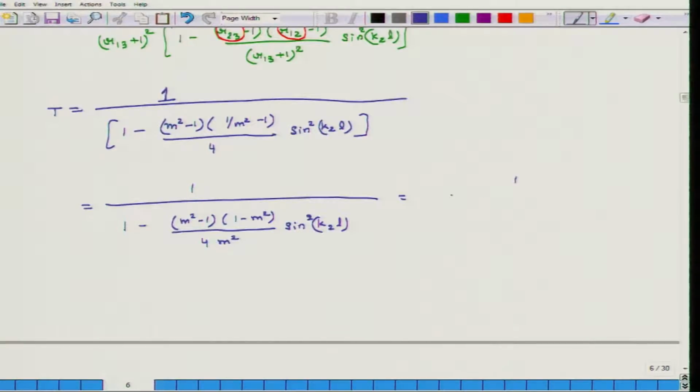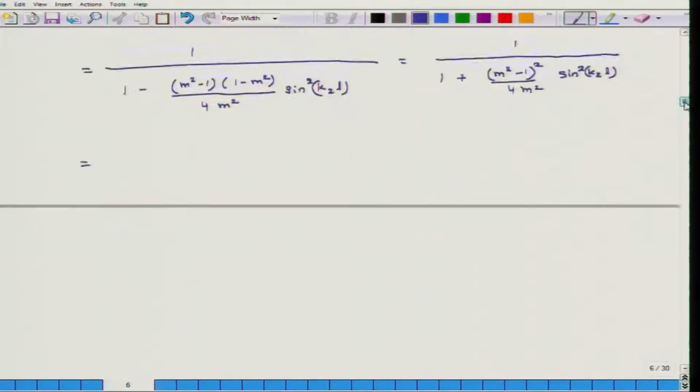So I can write this as 1 minus... m square minus 1 whole square, sine square k2L, divided by 4 m square, and because I made m square minus 1 a whole square, I have to change this negative sign to positive.